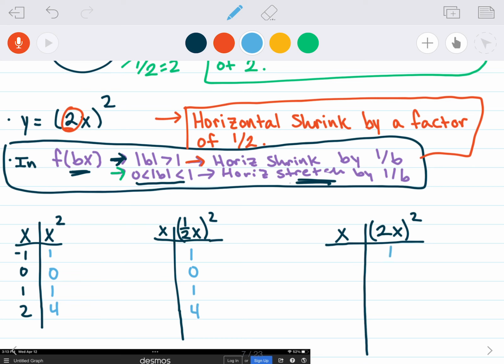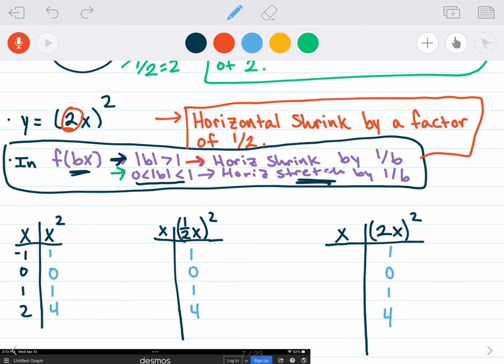So the outputs all stay the same. But my x's are going to change. And I have to multiply by the factor. I don't multiply by the number that's in front. I have to multiply by the factor, so you're multiplying by the reciprocal of that number.